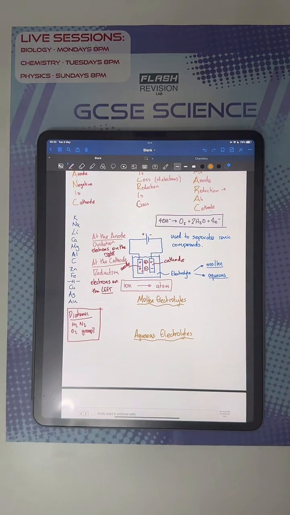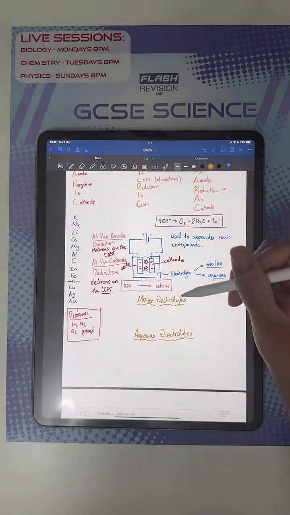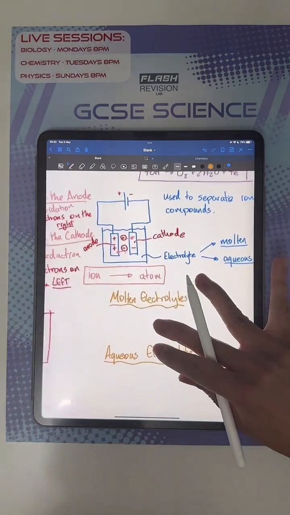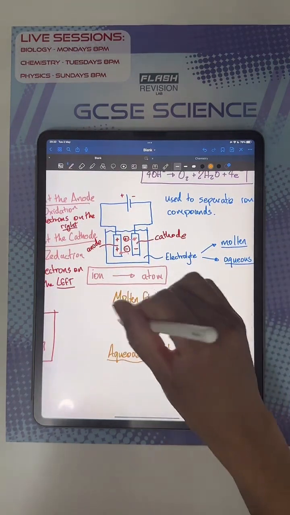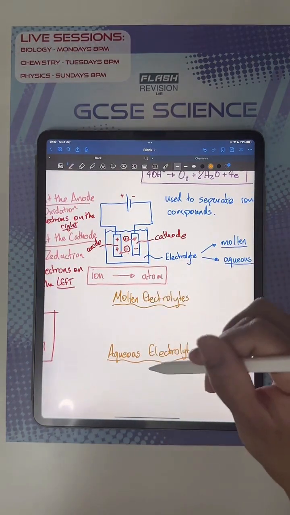So whenever you're looking at an electrolysis question, first try and see whether it's molten or aqueous.